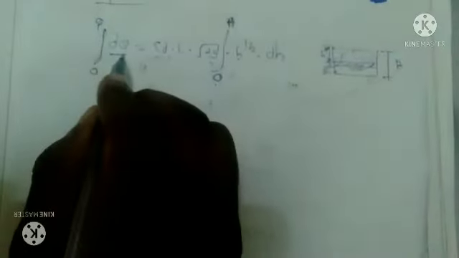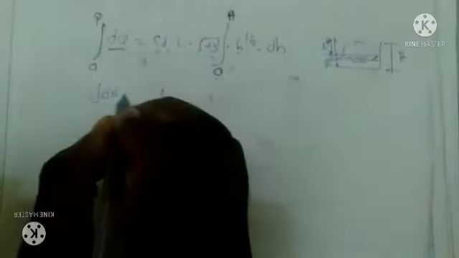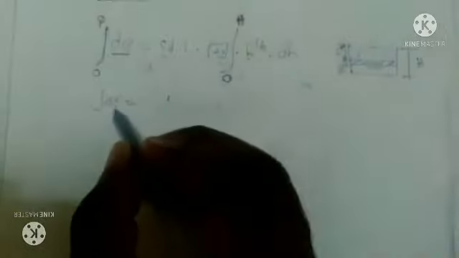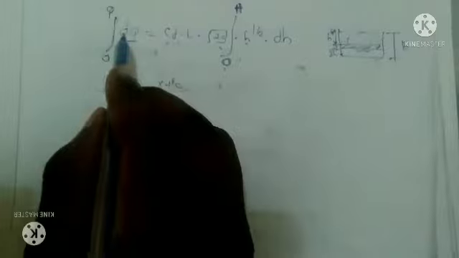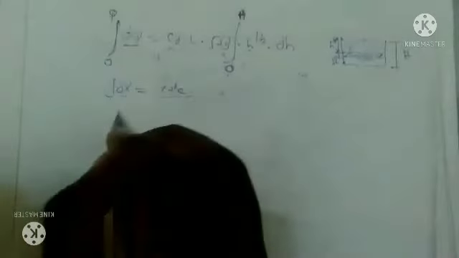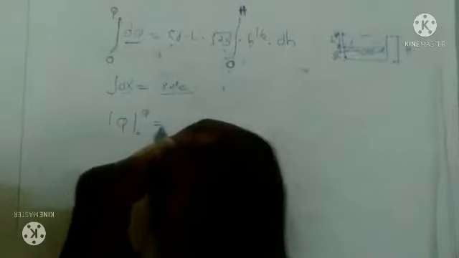So if you integrate dQ, it is the same as integrating dx: you get x plus c if there is no limit. Now we have the limit, so integrating dQ you get Q. Our limit is 0 up to Q.